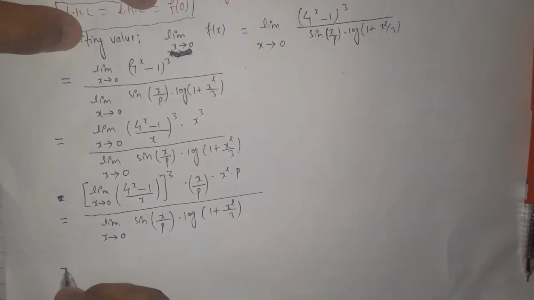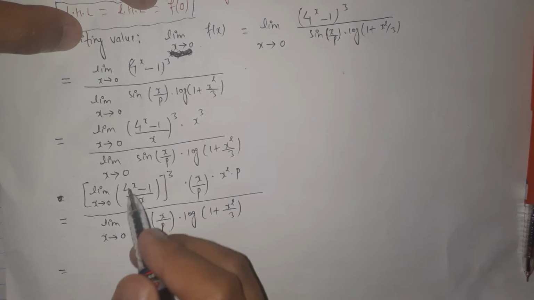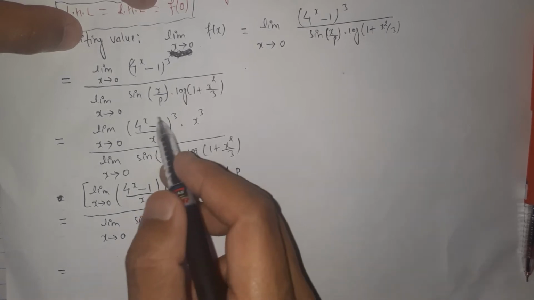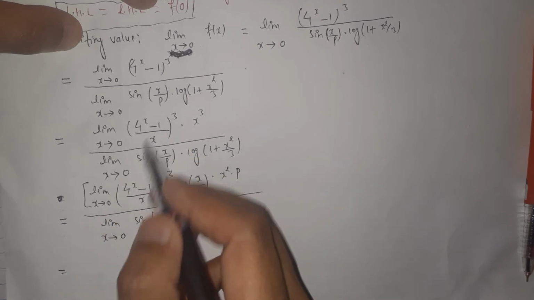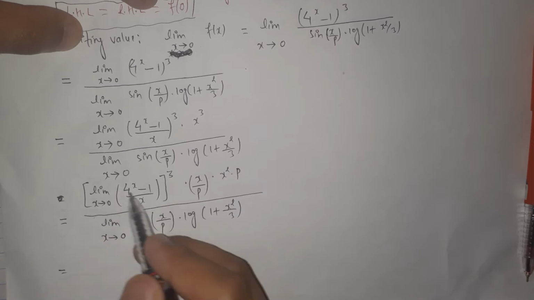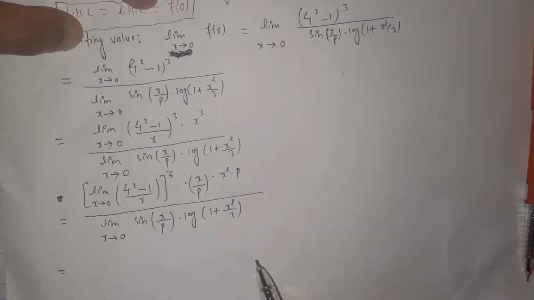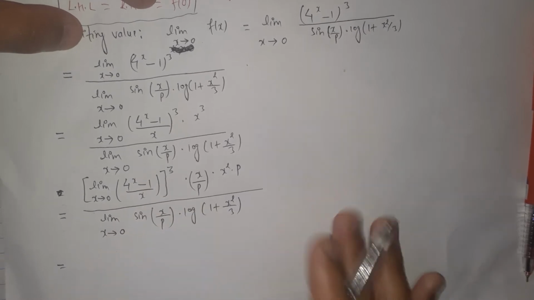Let's solve. In this step we use the power law of the limit. Here the whole power, the limit is calculating the power of these functions, but we can do the limit calculation first and then give the power. It is the same, by the property of the limit.